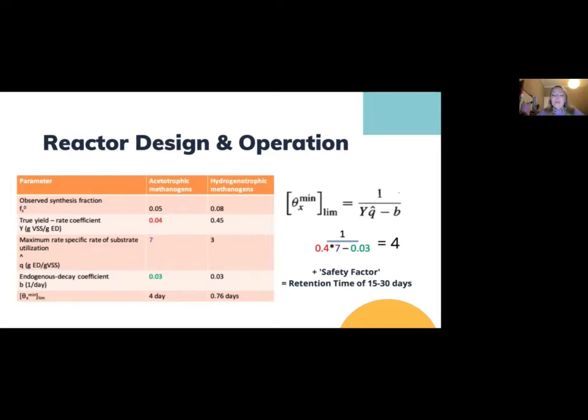So we multiply by 5 to account for this variability. And so that gives us a retention time of, say, 15 to 30 days. So you can see that all these calculations and assumptions really play into how we operate our reactor and ultimately affect the efficiency of the process.